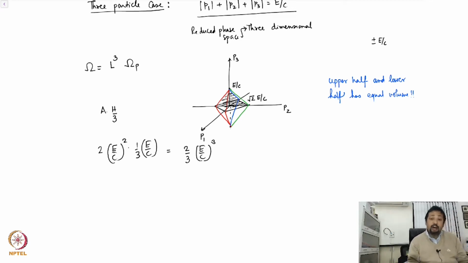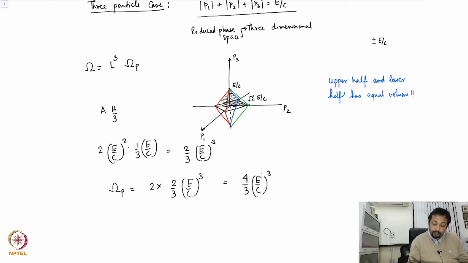But this is only half the volume, so the total volume in the momentum space is going to be 2 into 2 by 3 (E by c) whole cubed, which is 4 by 3 (E by c) whole cubed.